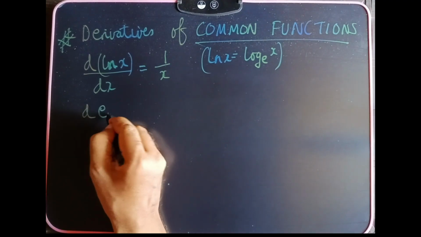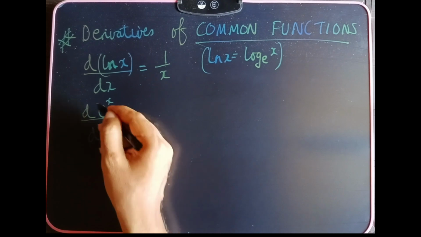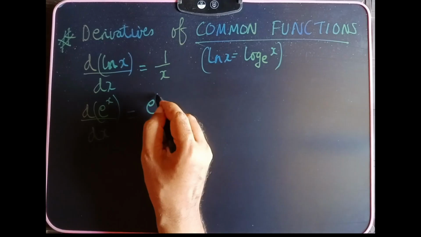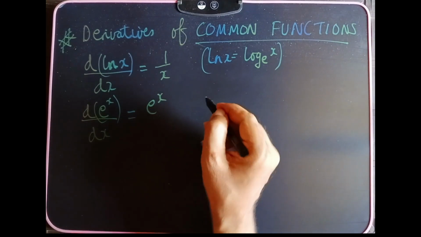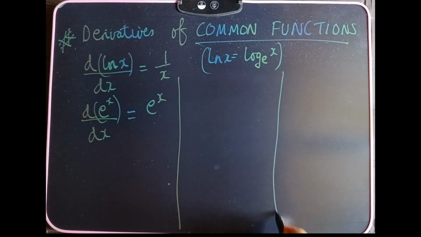The derivative of an exponential function, and we have studied the peculiarities of the exponential function, is directly equal to e raised to x. I'll write all the rules here itself.